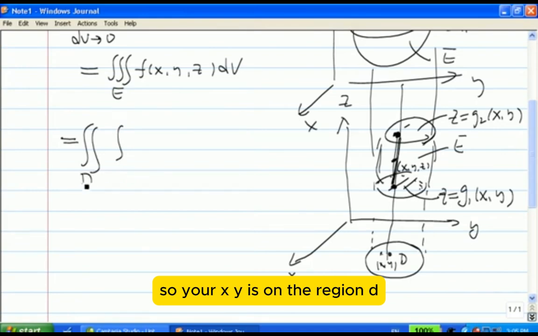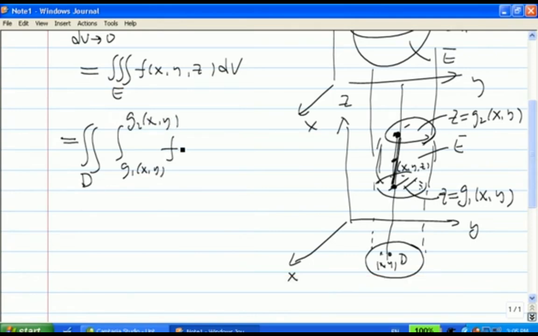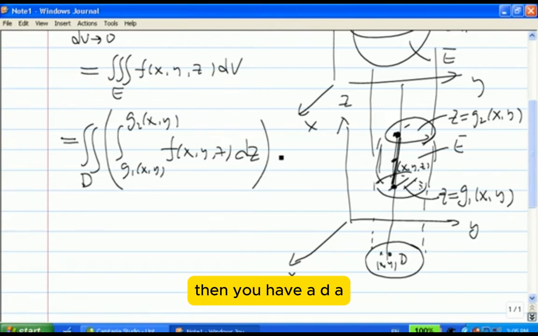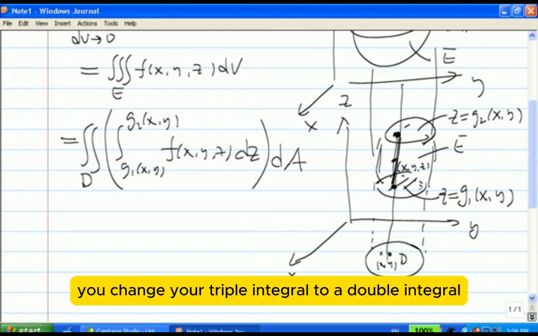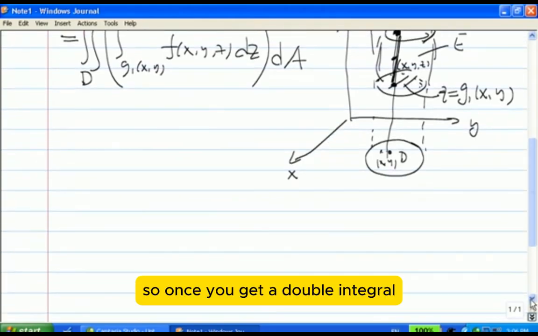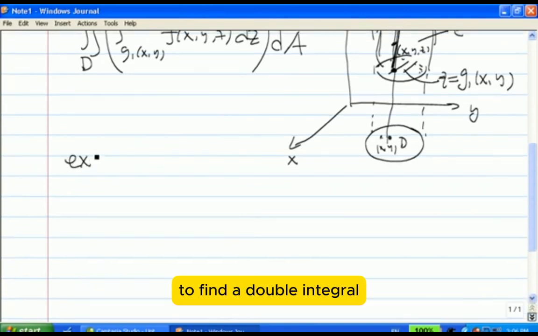Your xy is in the region D. Your z is bigger than g1(x, y) and less than g2(x, y), of f(x, y, z) dz, with z between those two, and then dA. After you have done this, you change your triple integral to a double integral. Once you get a double integral, we can use what we learned before to find it.